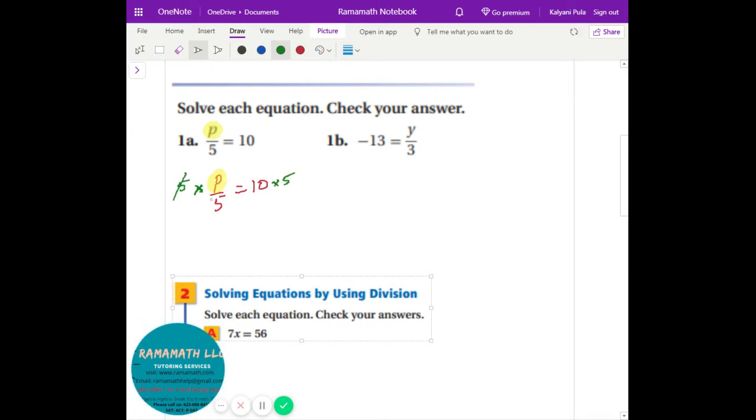Cross this out, and then p equals 50. Now checking: in place of the letter, you replace it. So p means 50 over 5. 50 goes into 5 ten times, so you got the right answer. That's how you check it.